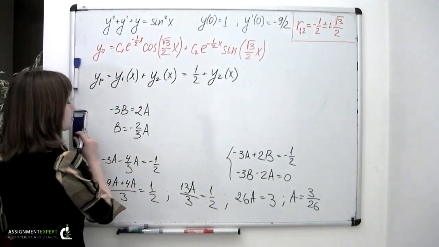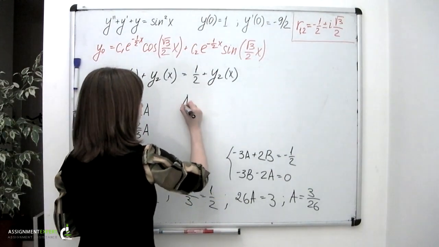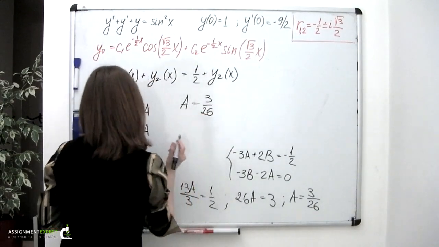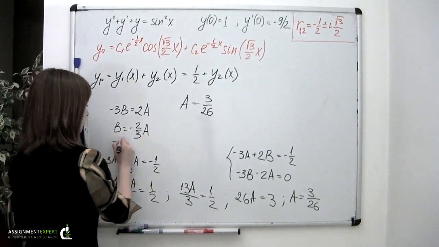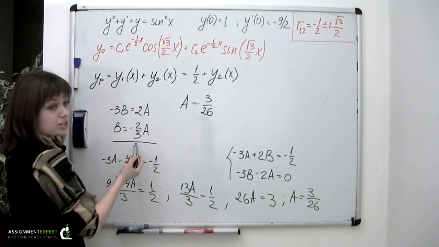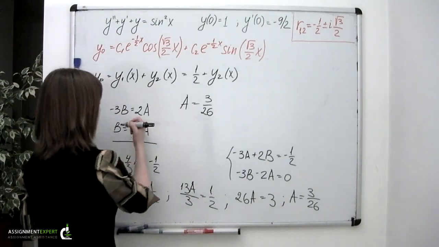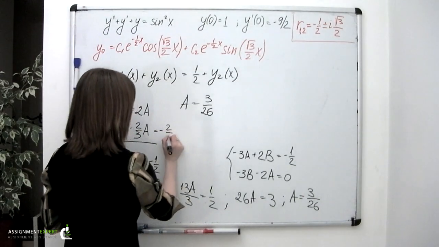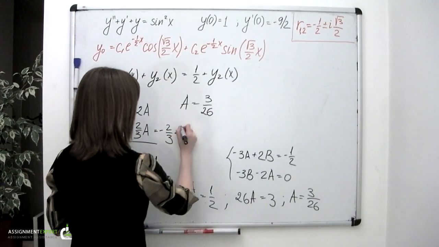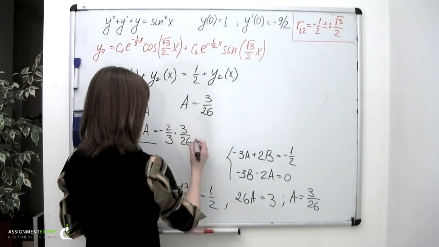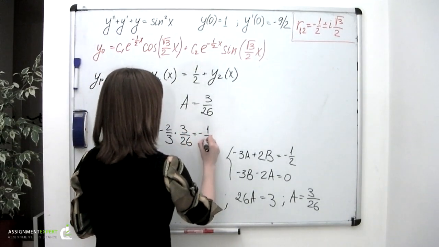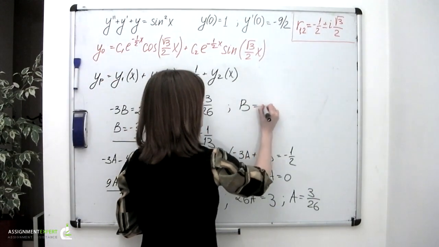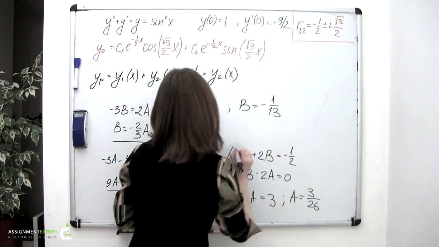This is our first coefficient. Let me put it somewhere here: a equal to 3 over 26. And we know that b equals negative 2/3 times a, so we multiply negative 2/3 by 3 over 26, which is negative 1 over 13. So our b coefficient is negative 1 over 13.